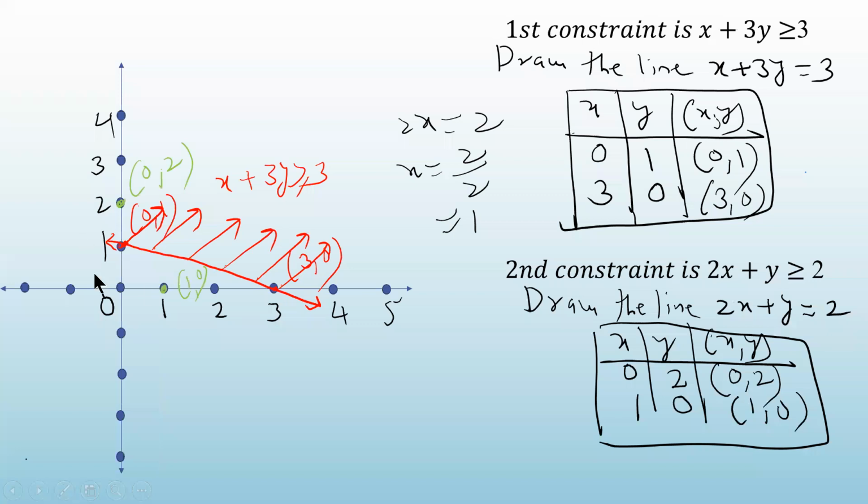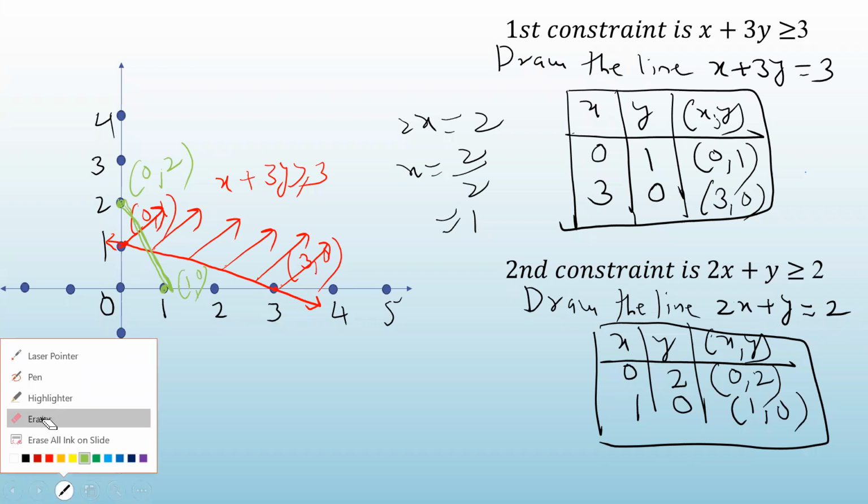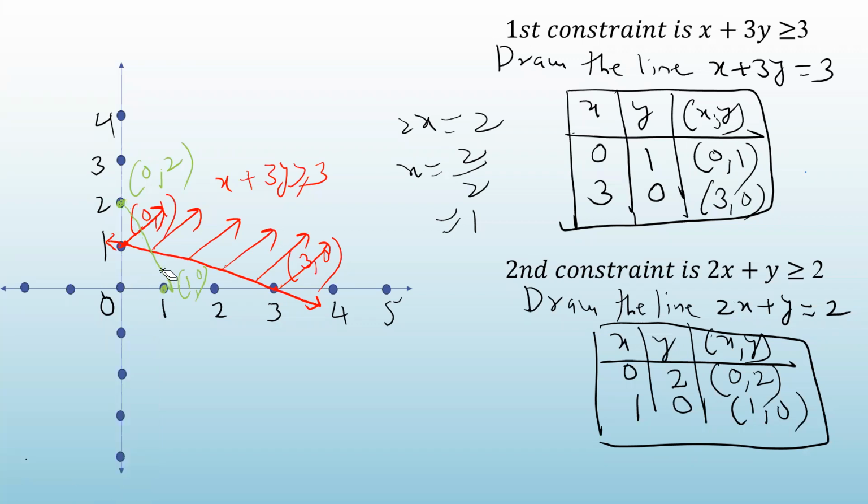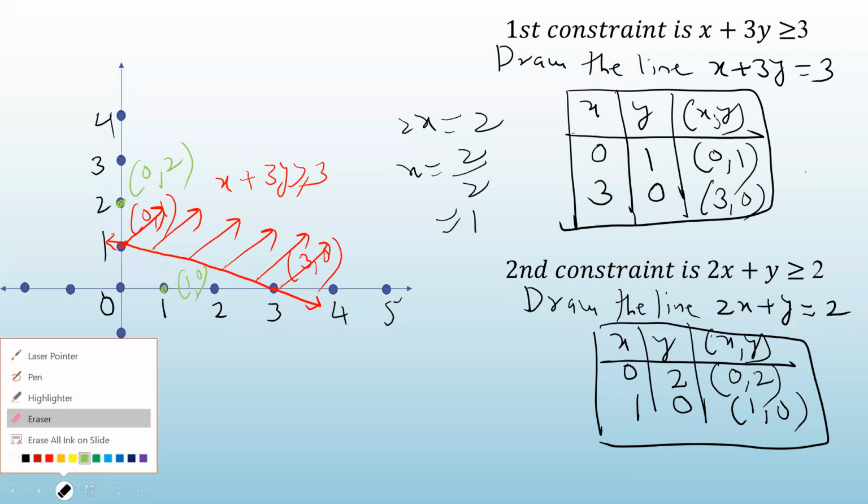Correct? 0, 2 and 1, 0. Join these 2 points. This is the line you have joined.